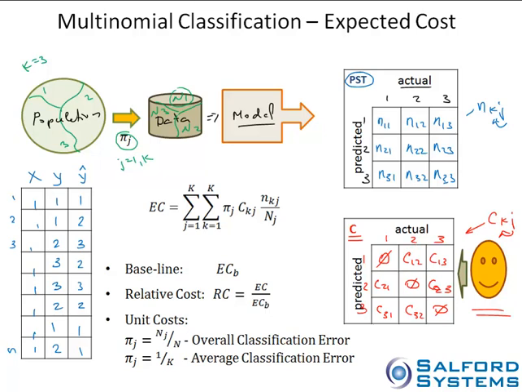We take all of those 3 components, and that allows us to wrap the entries from the prediction success table down to a single number. And the way it's done, you're essentially taking that fraction, you multiply it by the corresponding cost, and you multiply it by the corresponding prior. So all those 3 enter here.